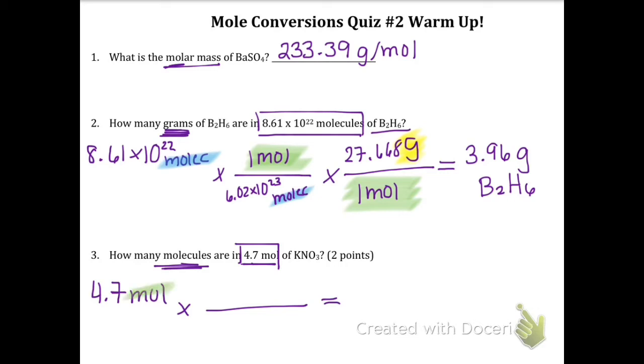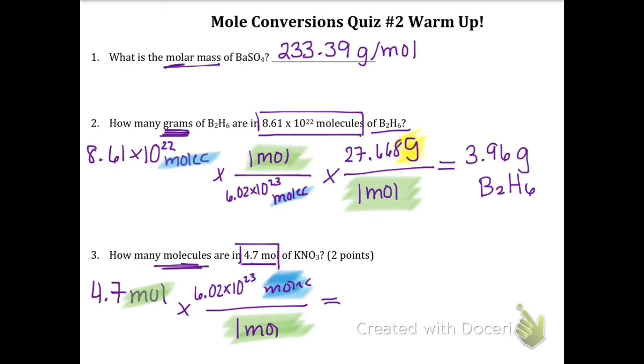Okay, if moles was on top, moles has to go on bottom. We're going from green to blue. Okay, so 1 mole on bottom, our molecules on top. If you see molecules, you're going to think Avogadro's number. Right?